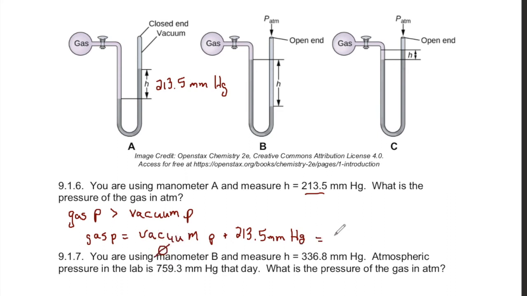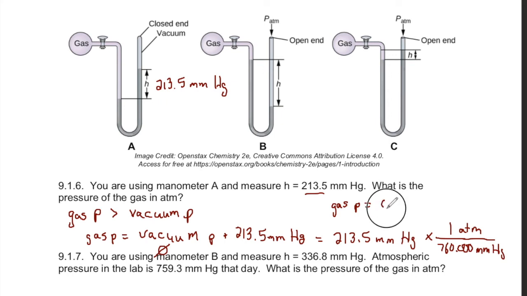So the gas pressure should be 213.5 millimeters of mercury, because it's beating the number 0 by 213.5 millimeters. Now we just have to convert this to atmospheres. There are 760 millimeters of mercury in an atmosphere, and that ends up being 0.2809 atmospheres of pressure.